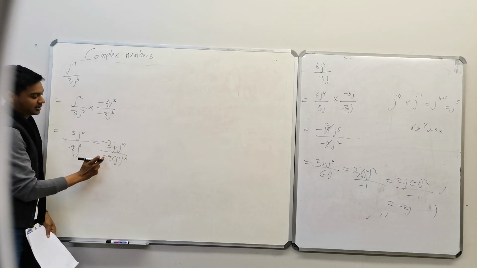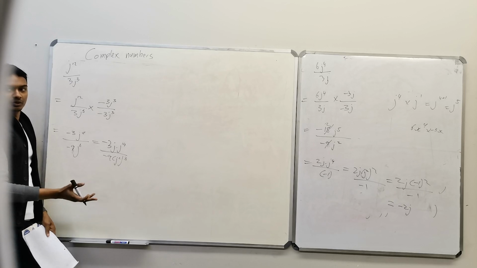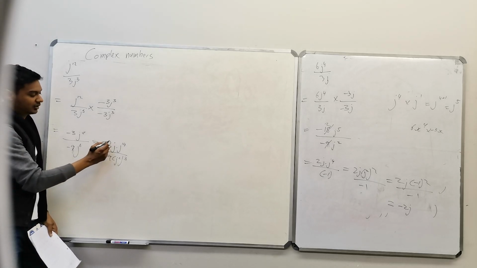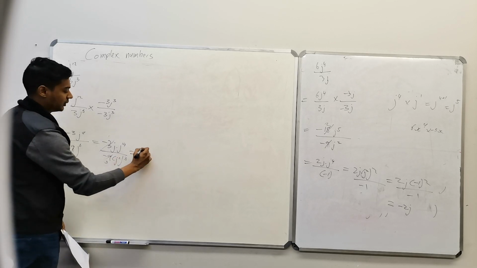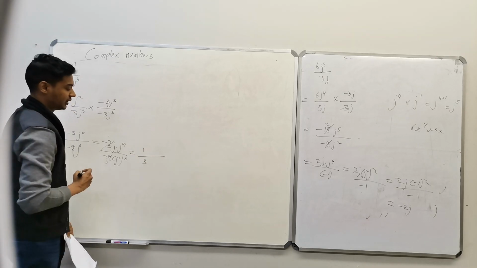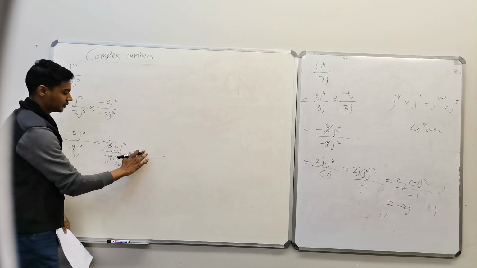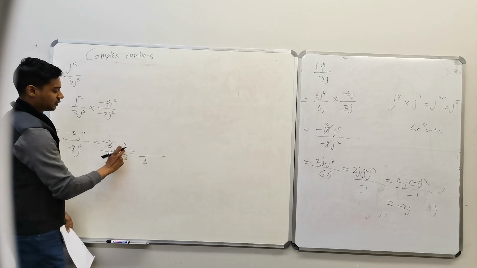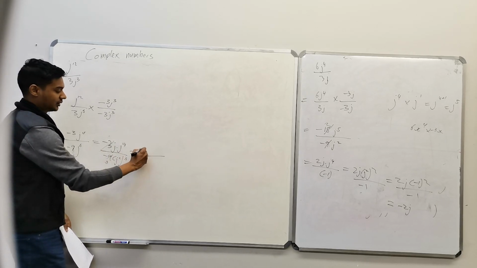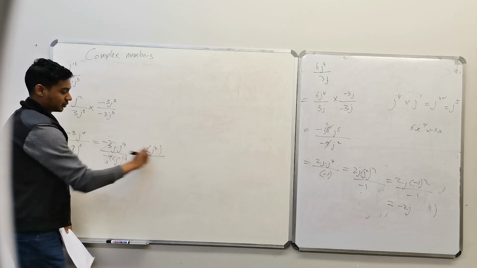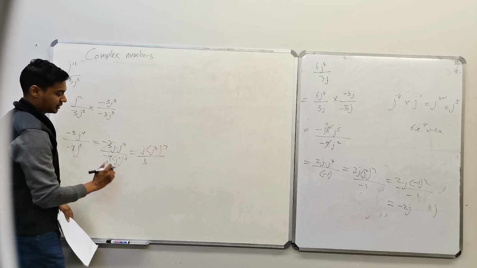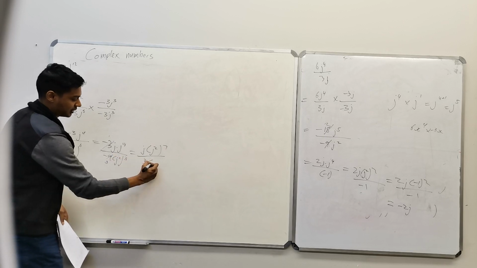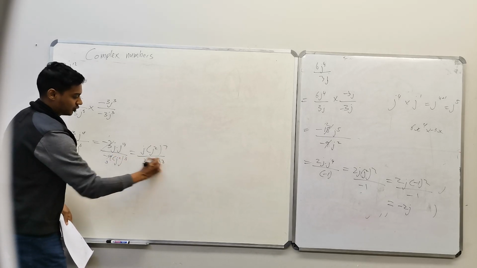Let's check out the knowns now, because we already know what can happen there. 3 can go here 1 time, 3 can go here 1 time. Let's go back to our numerator. It'll be j with j squared, j squared, 7. Perfect. Bottom, we already know what j squared is. It's minus 1, minus 1 cubed.